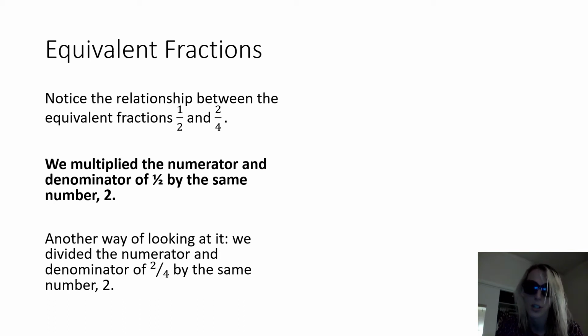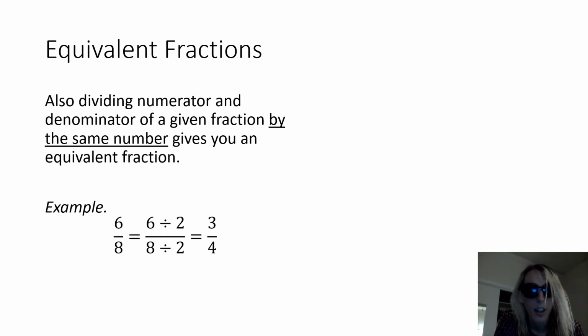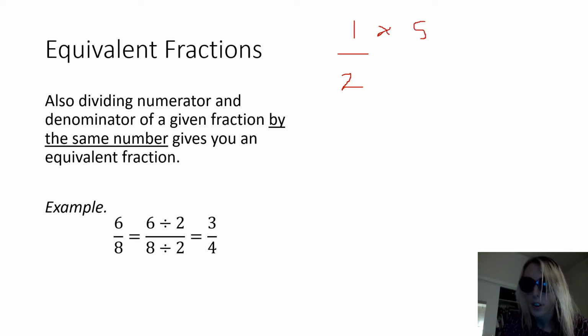And so this is true in general. If we have a fraction like 1/2, we multiply numerator and denominator by the same number, we're going to get an equivalent fraction.